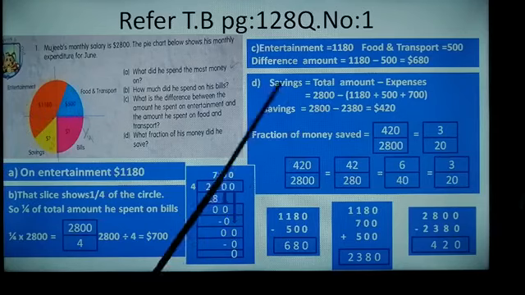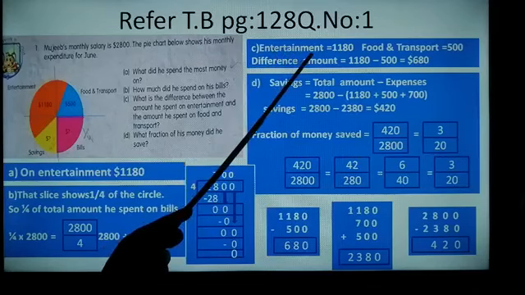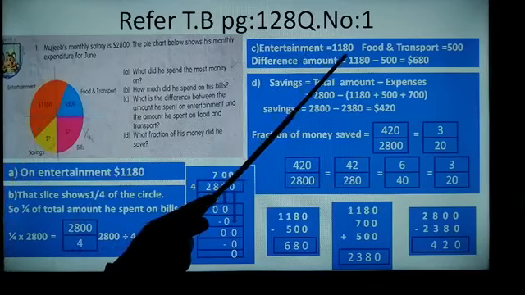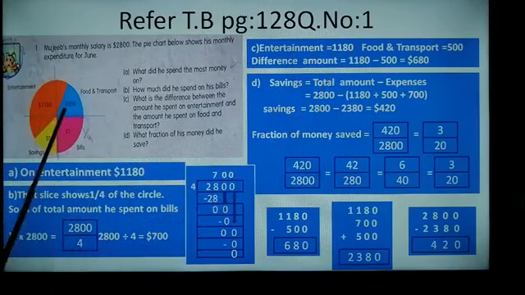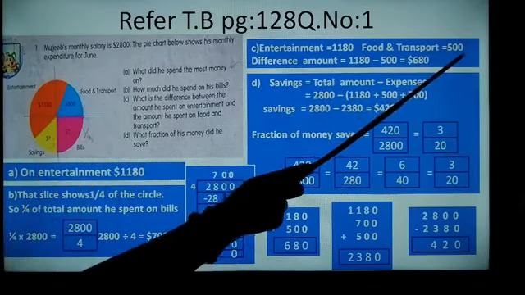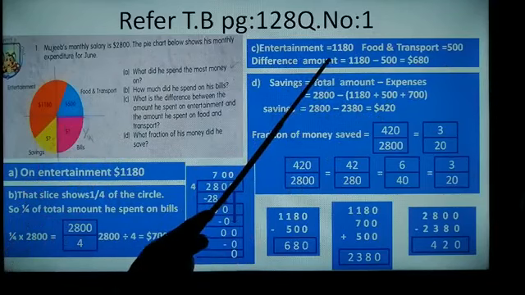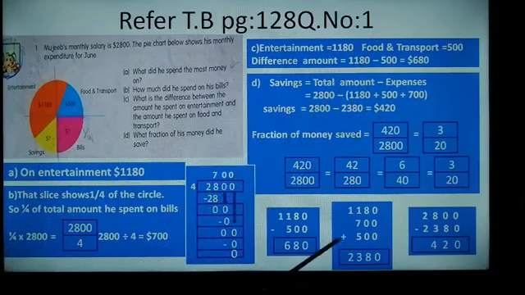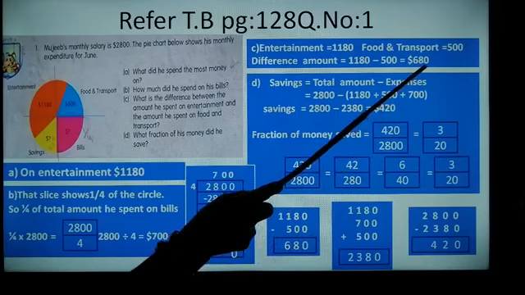Okay. So how will we write that? For entertainment he spent 1180 and for food and transport he spent 500. So what is the difference? The difference amount, you have to subtract it and find out. 1180 subtract 500. 0 minus 0, 0. 8 minus 0, 8. 11 minus 5, 6. So what is the difference amount? $680.